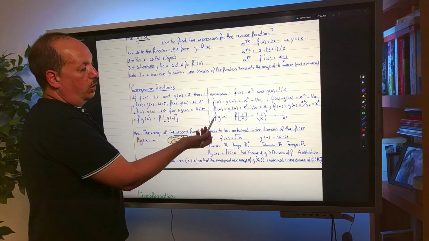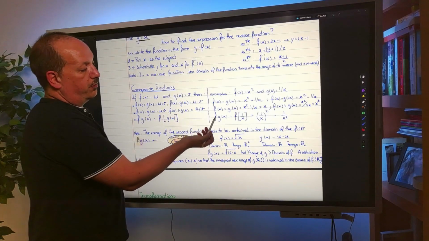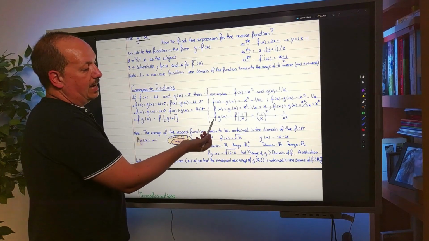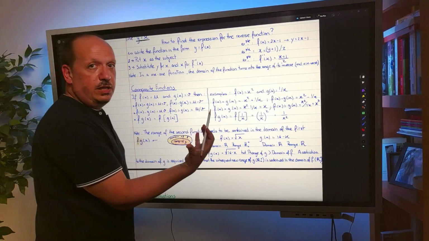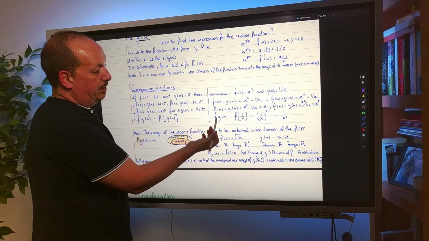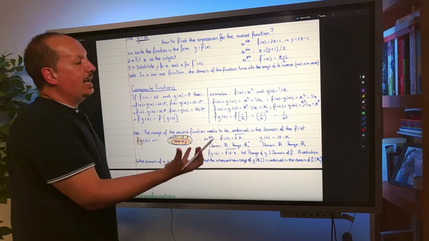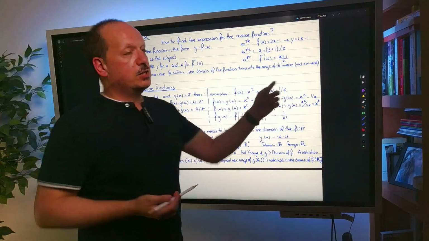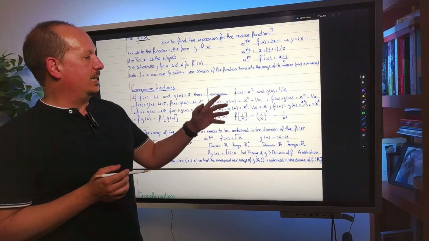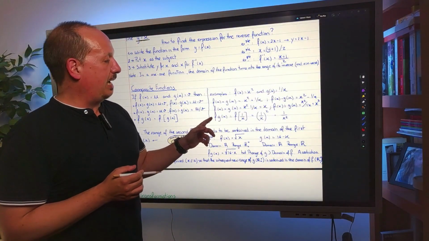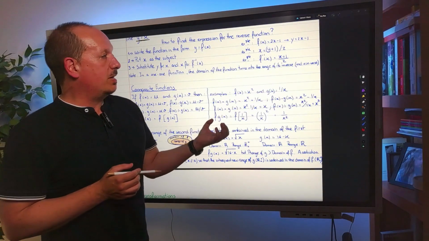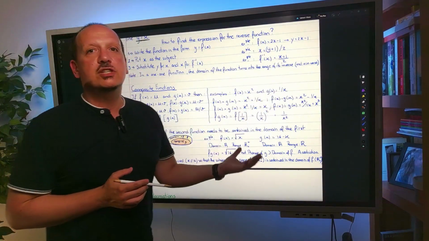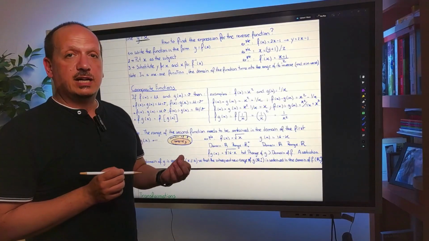So you are no longer doing whatever mapping f produces on x only. You are doing that mapping on another function that has itself a mathematical expression. So you are going to apply the function, or the mapping, of f not to x, but to a mathematical expression, which in this case was just 1 over x.